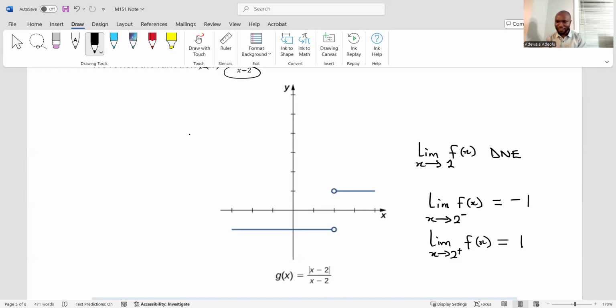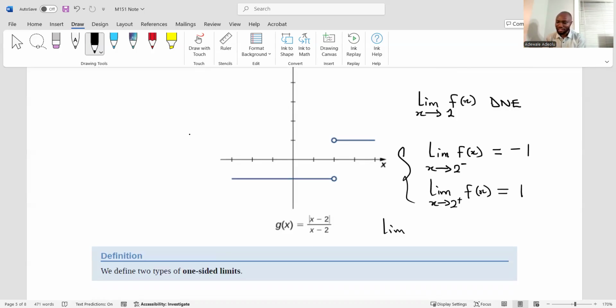Now, guys, these are one-sided limits. But the limit of that function itself as x goes to 2 does not exist. Why? Because the limit from the left is different from the limit from the right. I hope that makes sense to you.